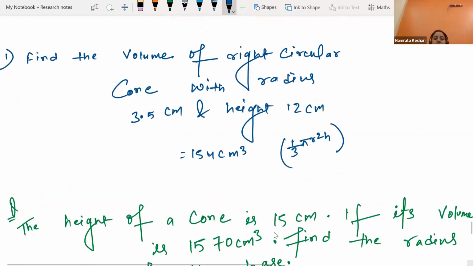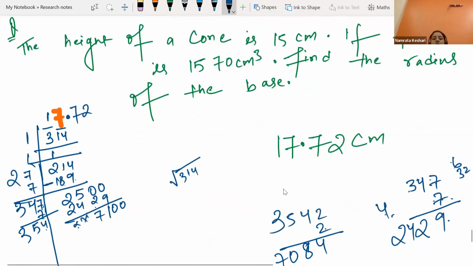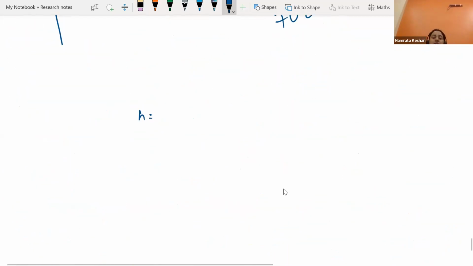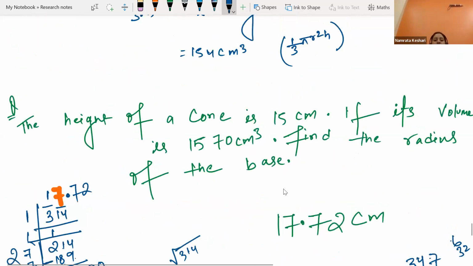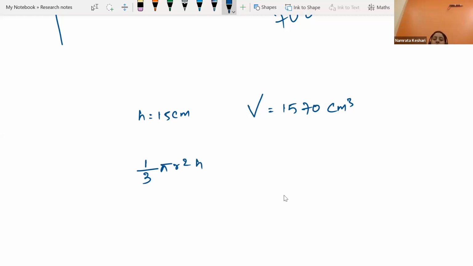Let me check. The height of the cone is given as 15 centimeter, and the volume is given as 1570. Okay, the formula we'll be using for volume is 1 by 3 pi r square h. That is given as 1570.